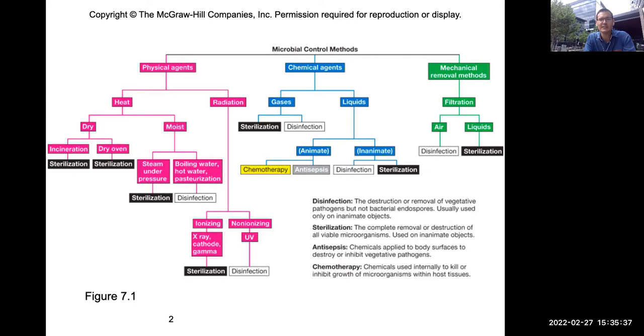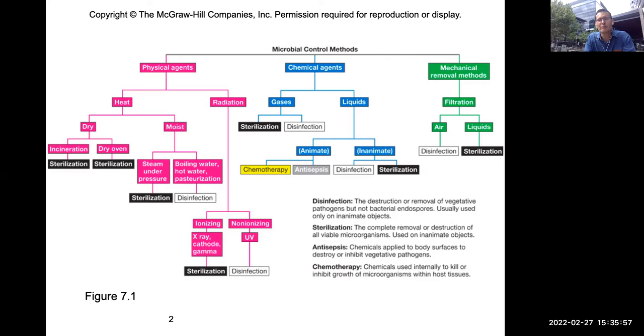Or, as mentioned previously when I went through the definitions, you've got chemotherapy and antiseptics, depending on the purpose of that chemical application.